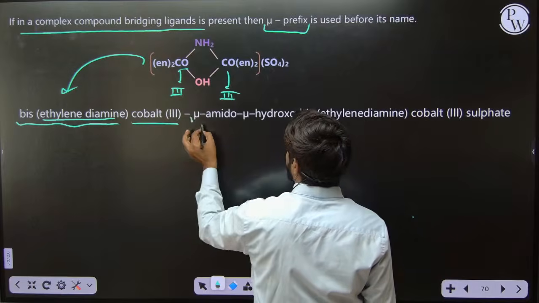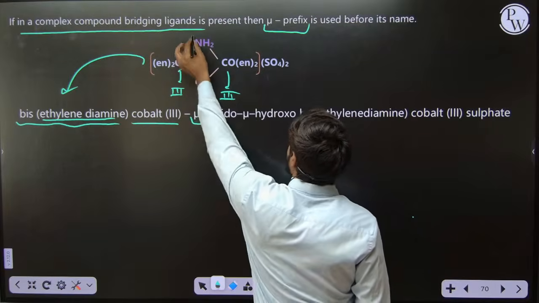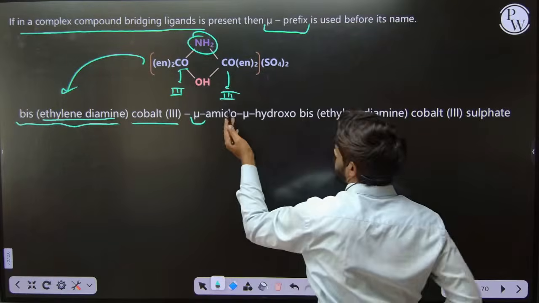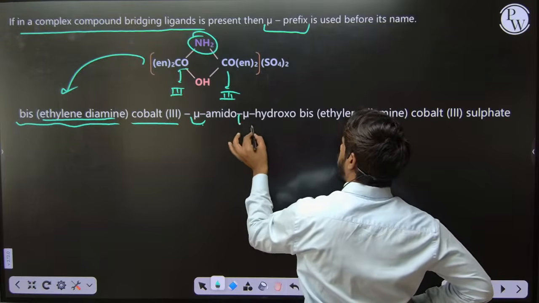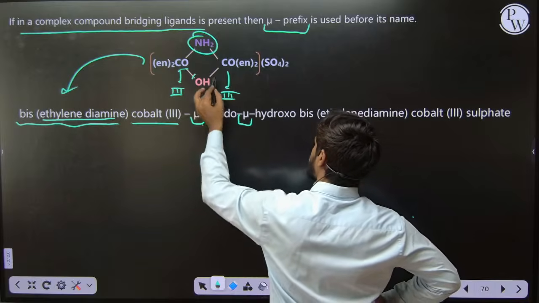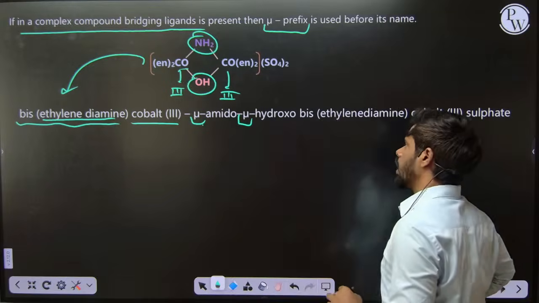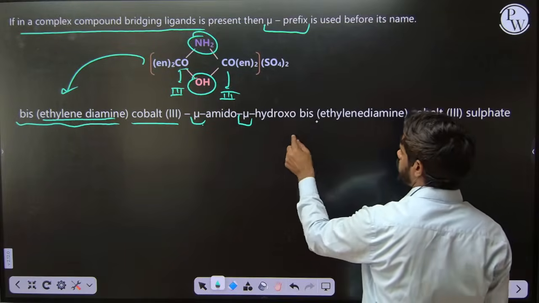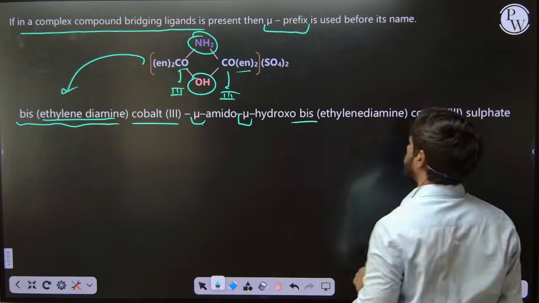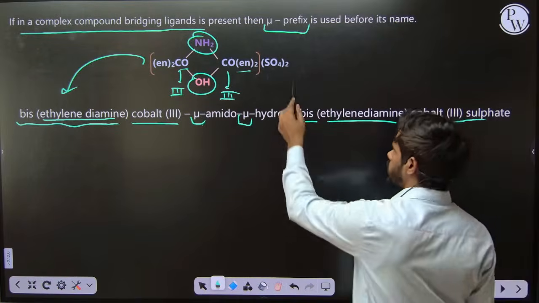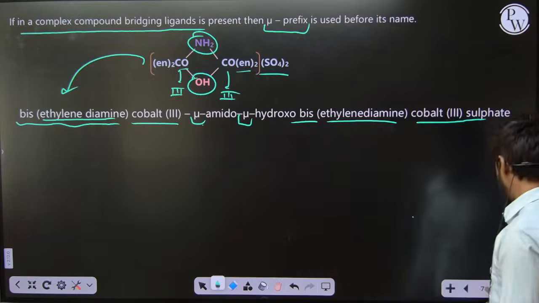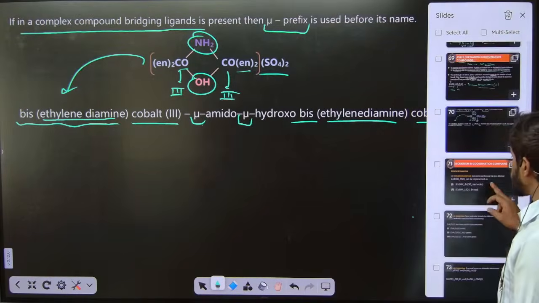Next it is mu-amido; amide is on the bridge, so we add mu. Again a bridging ligand, that is hydroxo, so mu-hydroxo, bis(ethylenediamine) cobalt(III). Last one is sulfate. So this is the name of the complex we can do.